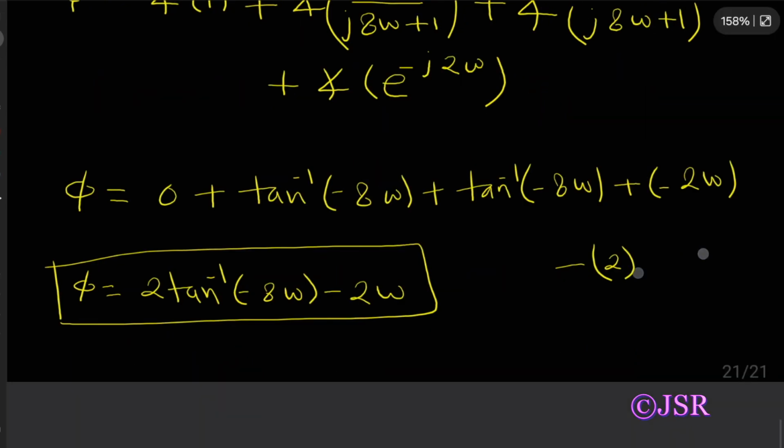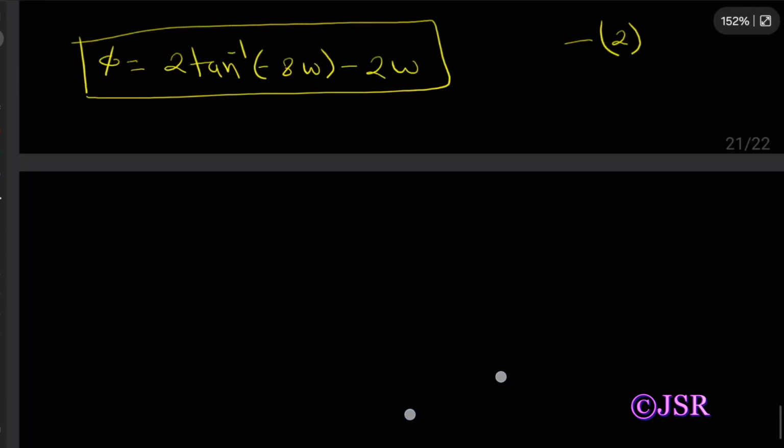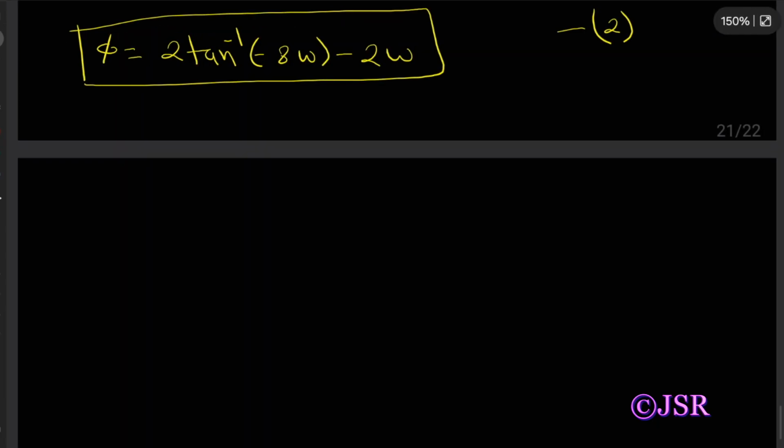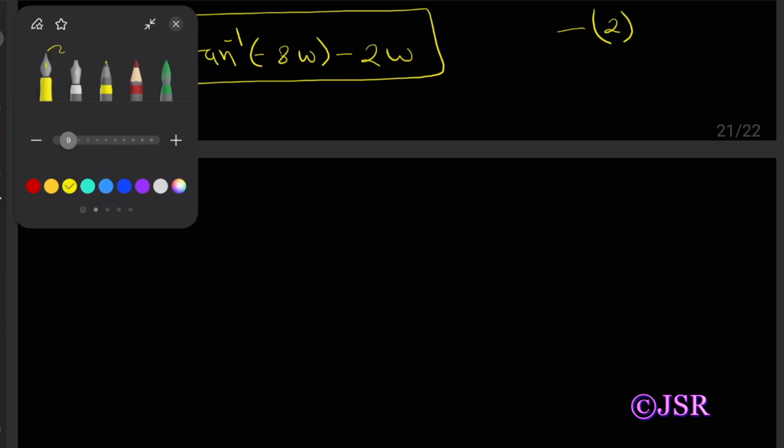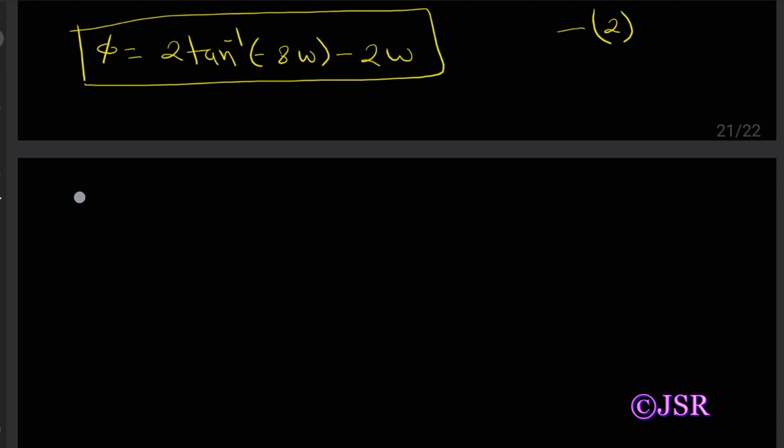So this way we have found the expression for amplitude ratio as well as the phase shift. So the next step is to find out the crossover frequency. To find the crossover frequency, we have to use phi equal to 2 tan inverse minus 8 omega minus 2 omega.